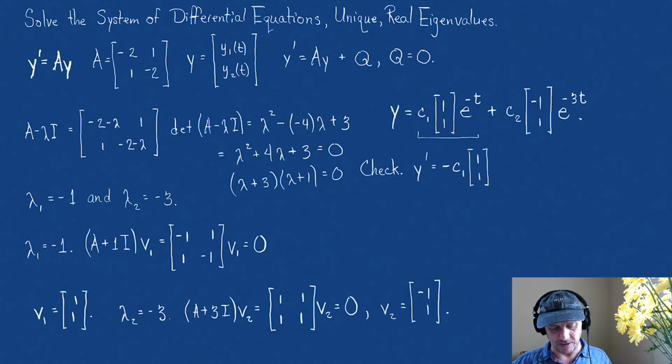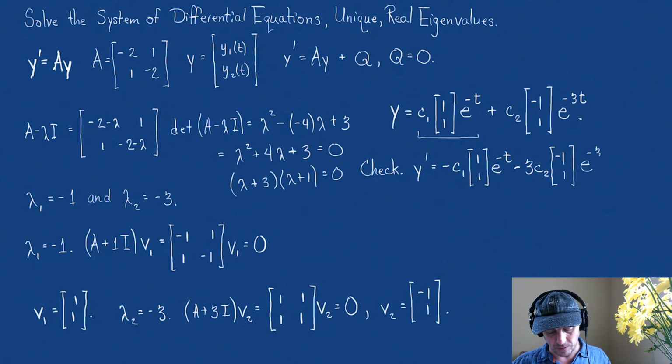I got that minus from the derivative of e to the negative t. Plus, this is going to become a minus 3 c2 times the eigenvector minus 1, 1 times e to the minus 3t.